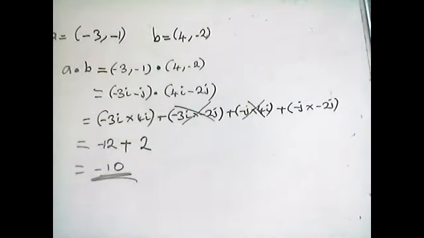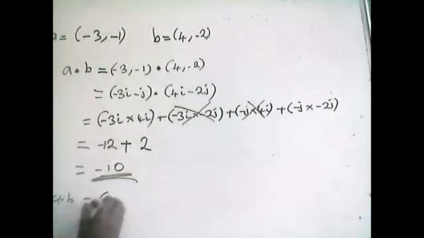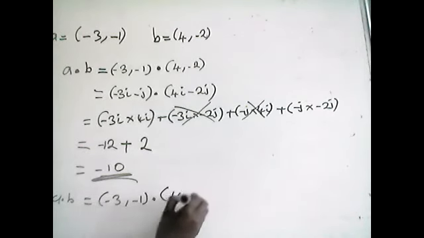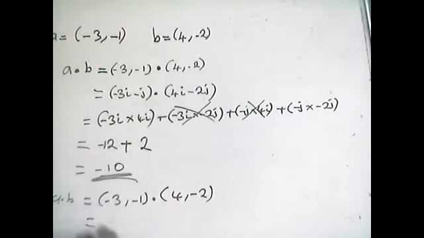I showed you all this so that you don't ask me the next time why, when I have A dot B as -3, -1 dot 4, -2, I just multiply the corresponding elements. This multiplied by that gives -12, plus -1 multiplied by -2 gives 2, giving me -10.